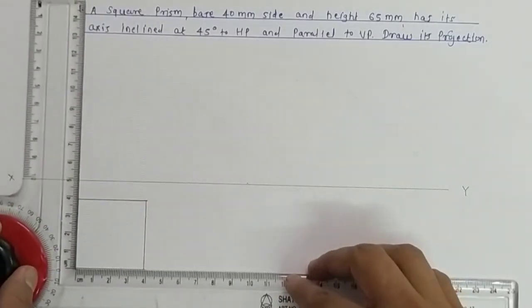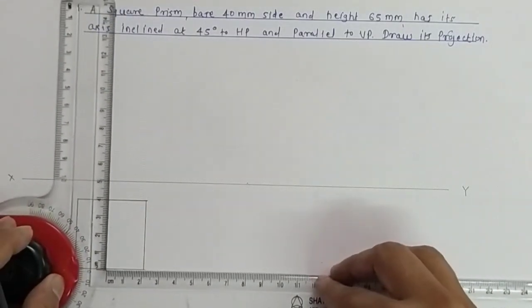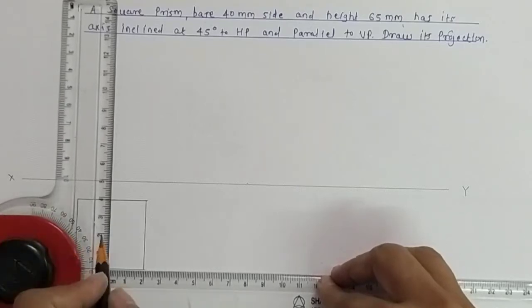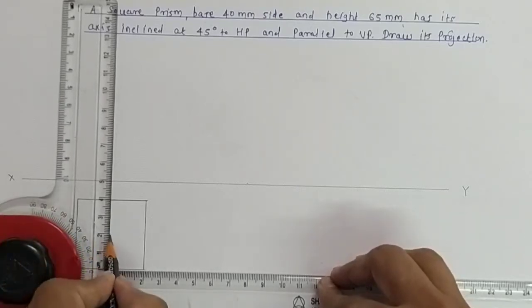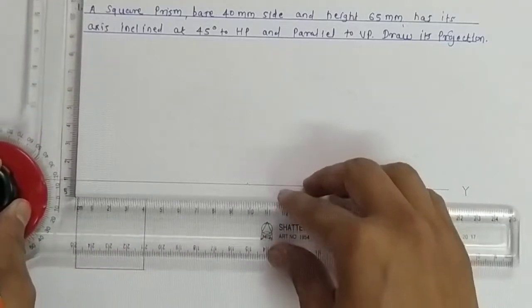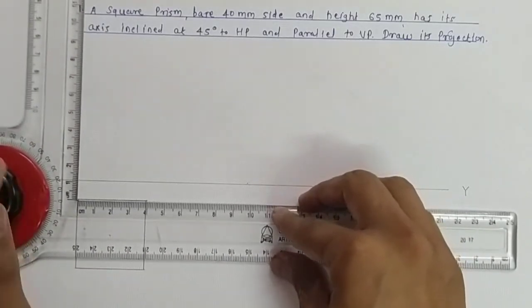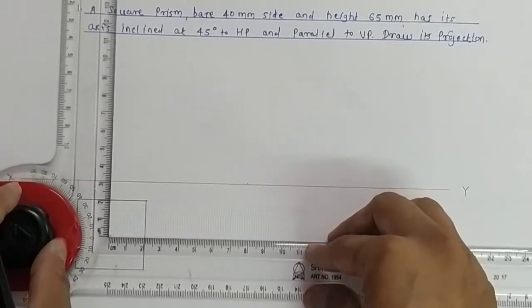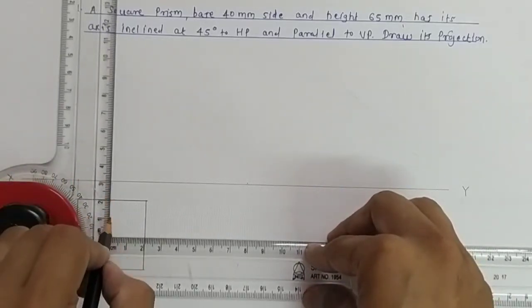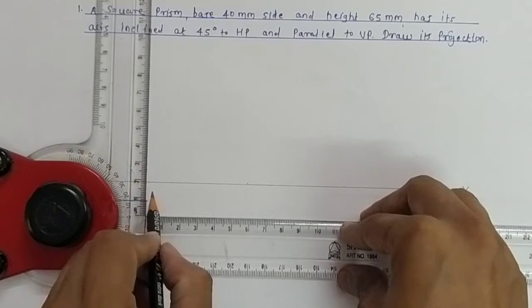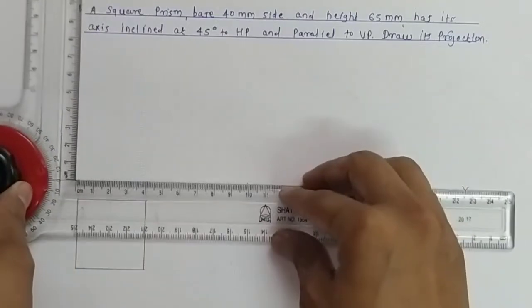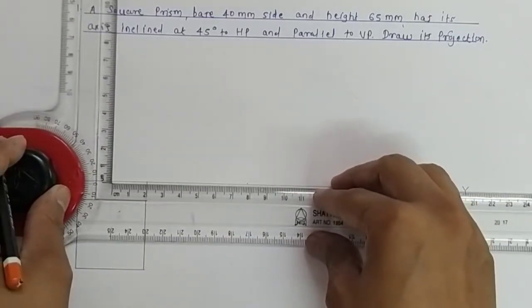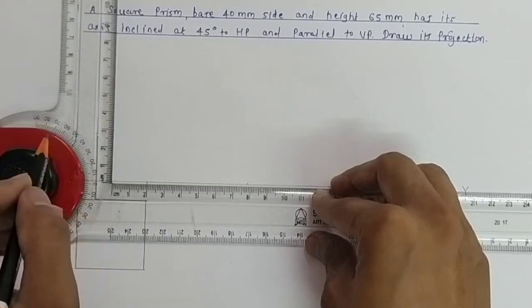Look at the center of the square prism. After that, take the projection from top view to front view of an object. After that, the axis height is given. Axis height is 65 mm.